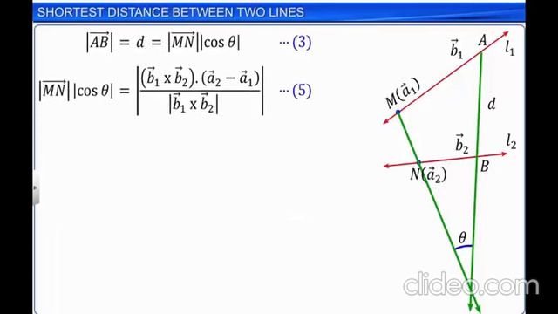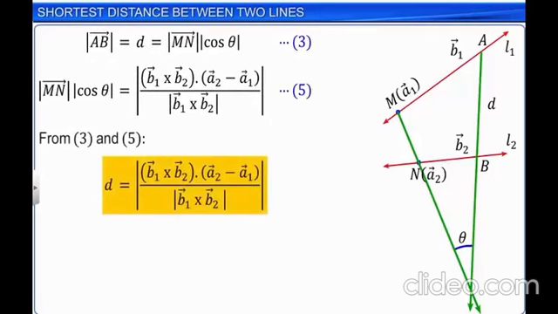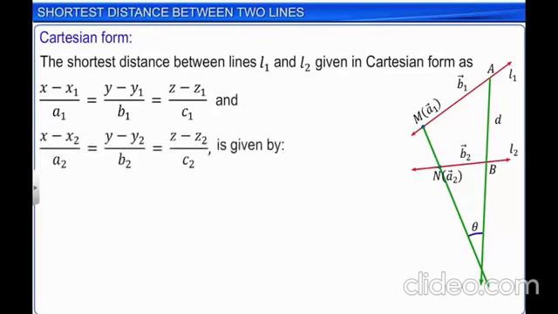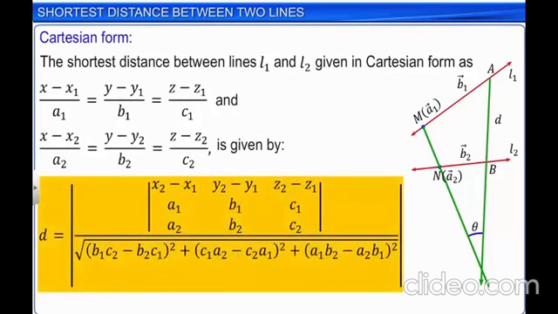Comparing equations 3 and 5, we get the equation that gives the shortest distance between skew lines L1 and L2. The shortest distance between two skew lines, represented by Cartesian equations, can be calculated by the formula shown here.